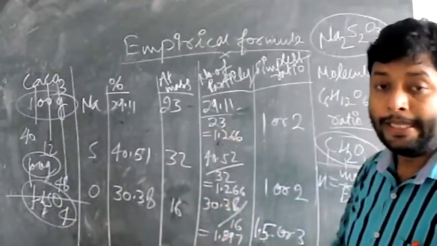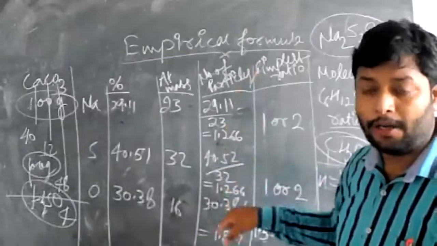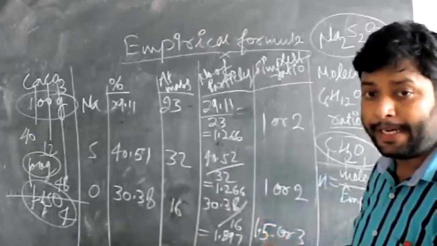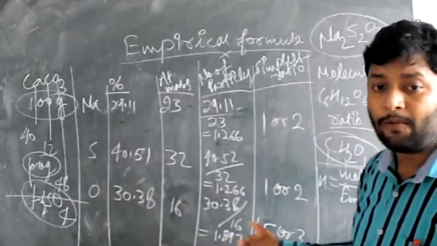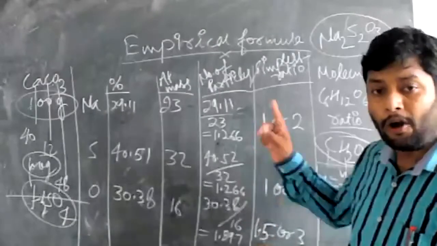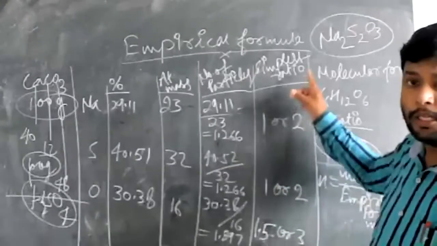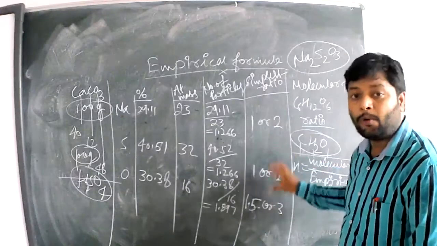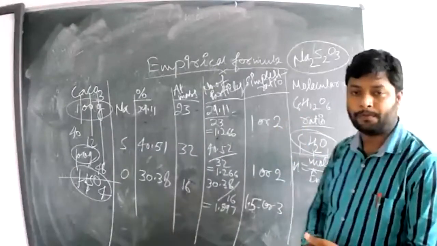Then we'll convert into the simplest ratio by dividing all by the smallest number. Then we'll get 1, 1 and 1.5. Write the nearest value, and then we'll convert into the simplest whole number ratio. Because 1.5 is a fractional value, I'm just going to multiply all these numbers by 2. Then we'll get 2, 2 and 3. This is the simplest whole number ratio. Then the formula will be Na2S2O3. Whatever values come, you can just write them.